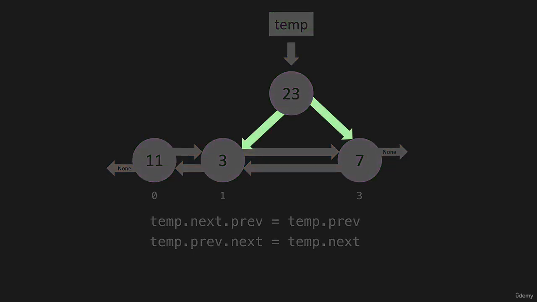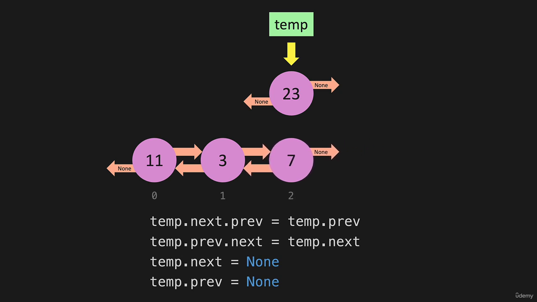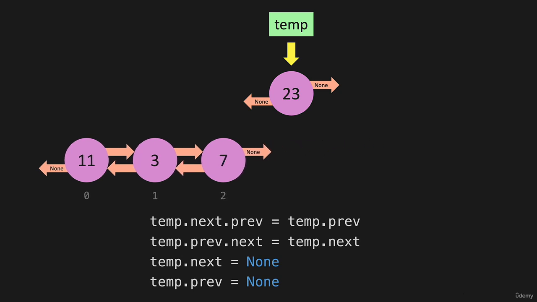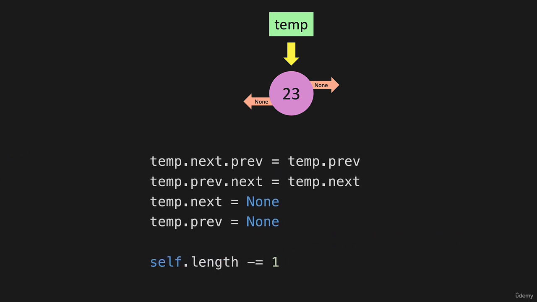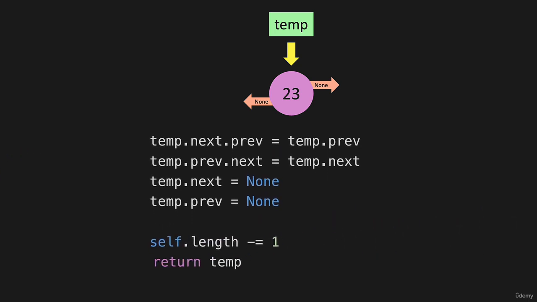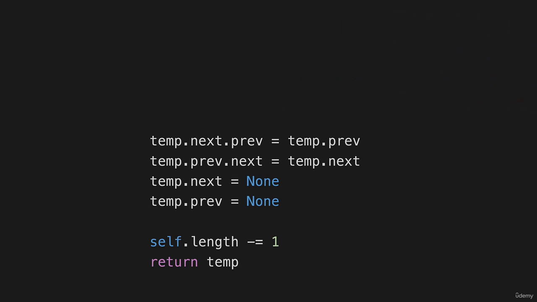Now we need to have those two arrows stop pointing at nodes in the linked list. We'll do that like this. Temp.next equals None, and temp.previous equals None, and that does this. And that removes that from our list. So we can remove our list now, and we'll decrement the length by 1, and then we'll return temp, which returns that node.